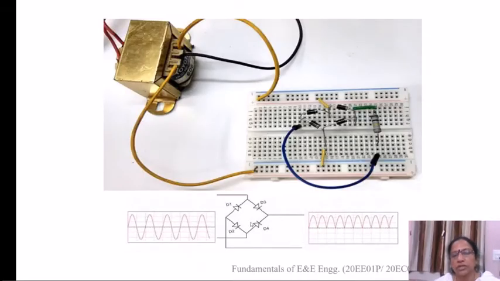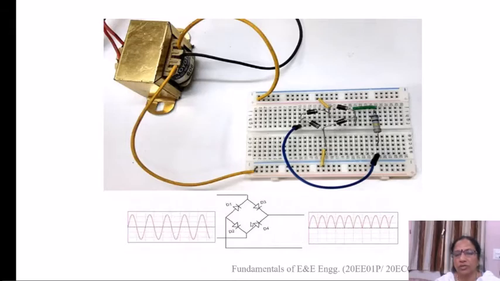Students, here you can see the breadboard connections. Here we find a transformer. To this transformer, at the primary side, AC input is applied, whereas the secondary of the transformer is connected to the input circuit.